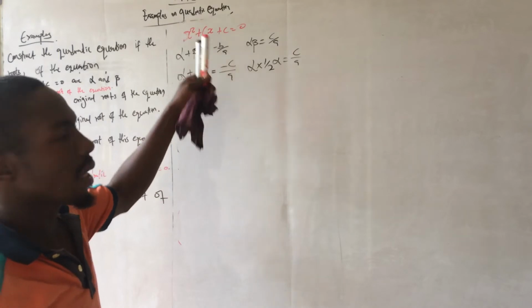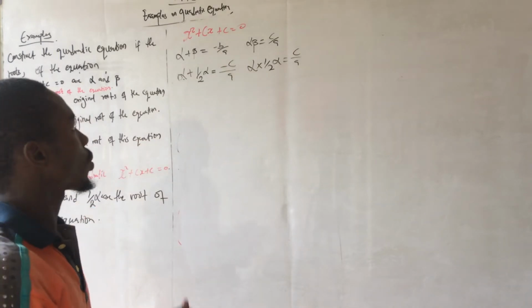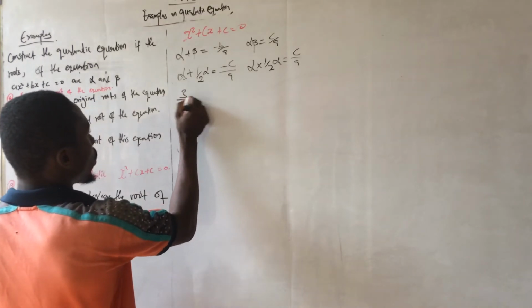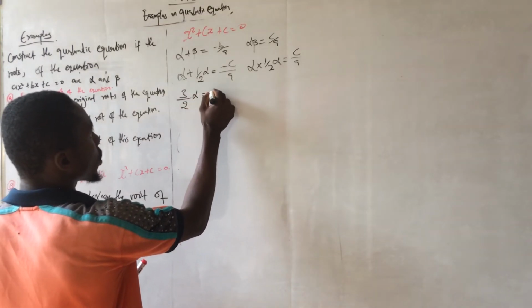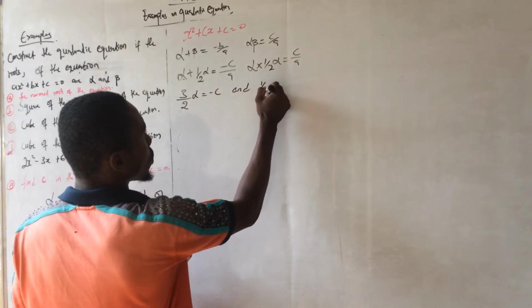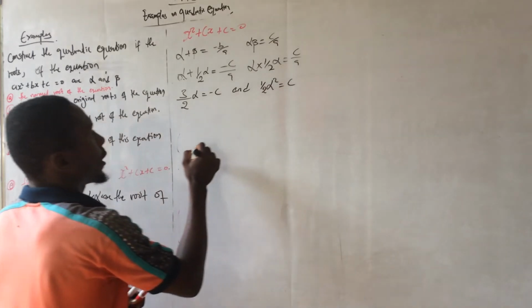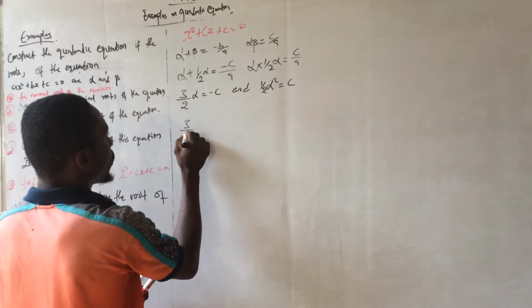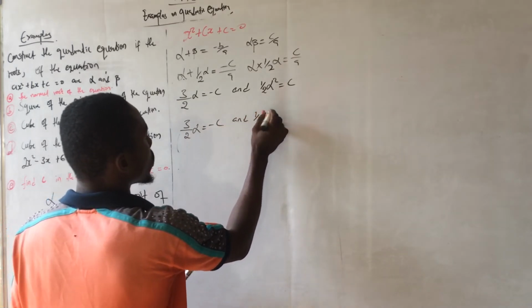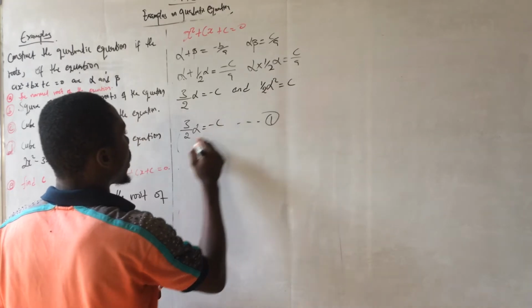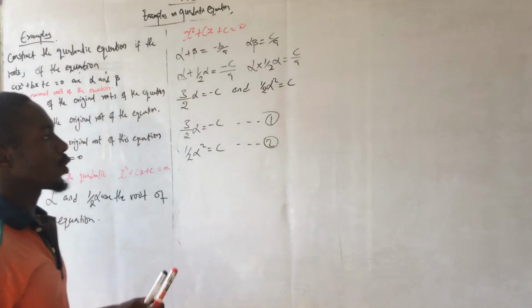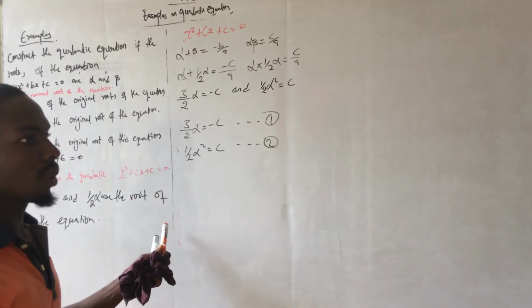And the coefficient of a here is 1, so we are going to be working with 3 over 2 alpha equal to minus c, and 1 over 2 alpha squared is equal to c. So we have two equations here: 3 over 2 alpha equal to minus c to be equation 1, and 1 over 2 alpha squared equal to c to be equation 2.